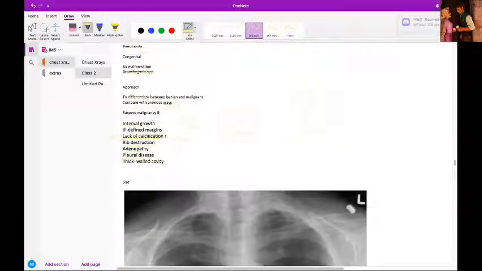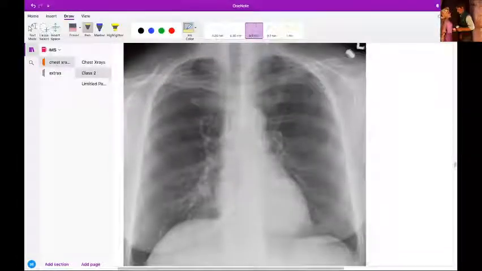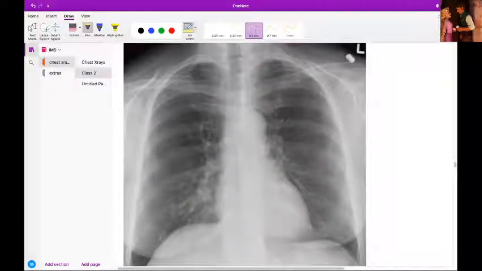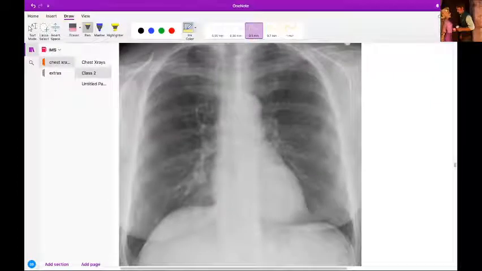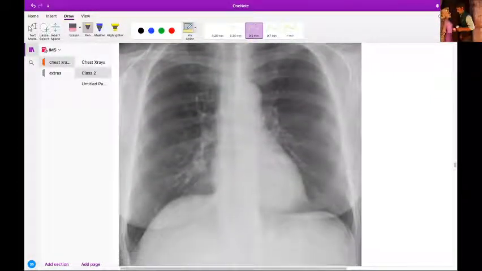Do you guys see any solitary pulmonary nodule over here? Okay, so it's kind of not visible. Not in the left middle. Maybe, yeah, I think it's that one only.